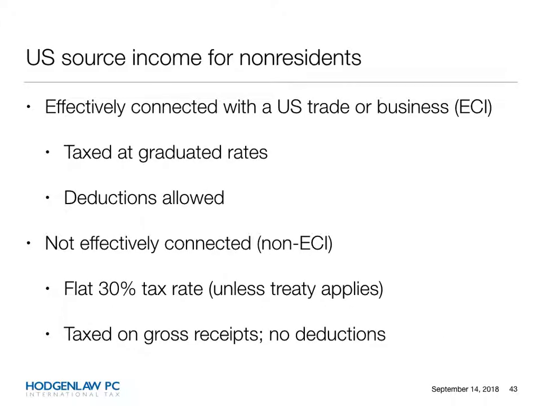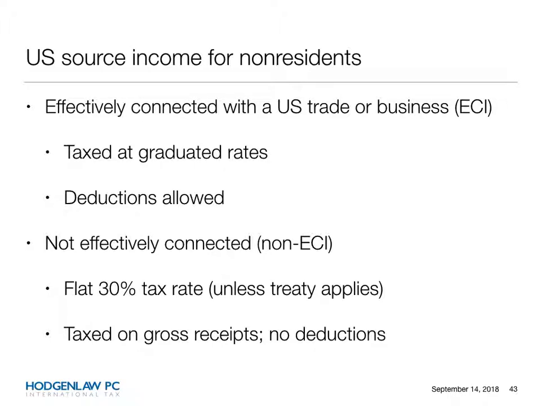Just to break down US source income for non-residents a bit more, US source income consists of effectively connected income that's taxed at graduated rates, the normal tax rates, and reported on the front page of Form 1040. And non-effectively connected FDAP income that's taxed at a flat 30% unless the treaty applies, and they're usually reported on Schedule NEC on the Form 1040NR.